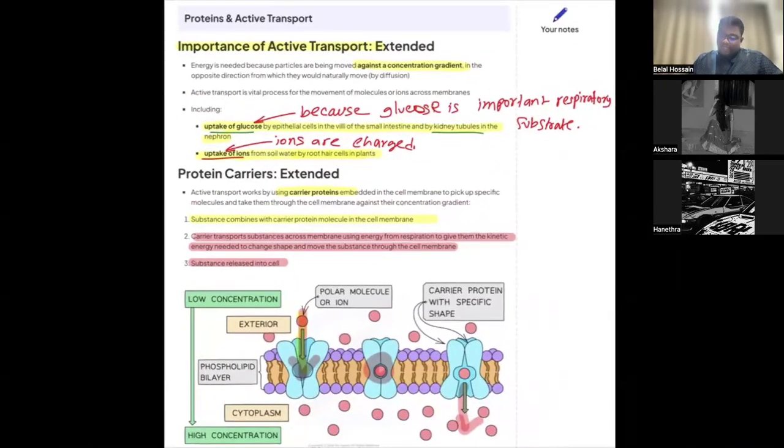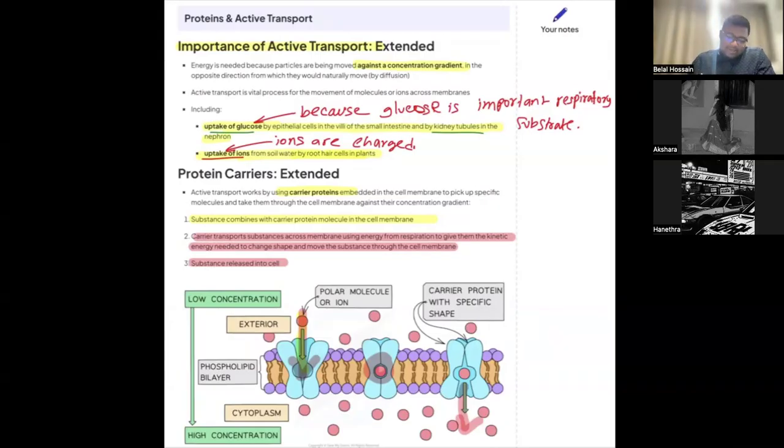Please keep your focus and your understanding clear about osmosis. Osmosis is the movement of water down the water potential gradient, or down the water concentration gradient. Remember, being an extended student, the concentration wording is the wrong wording. You can only use it for understanding.